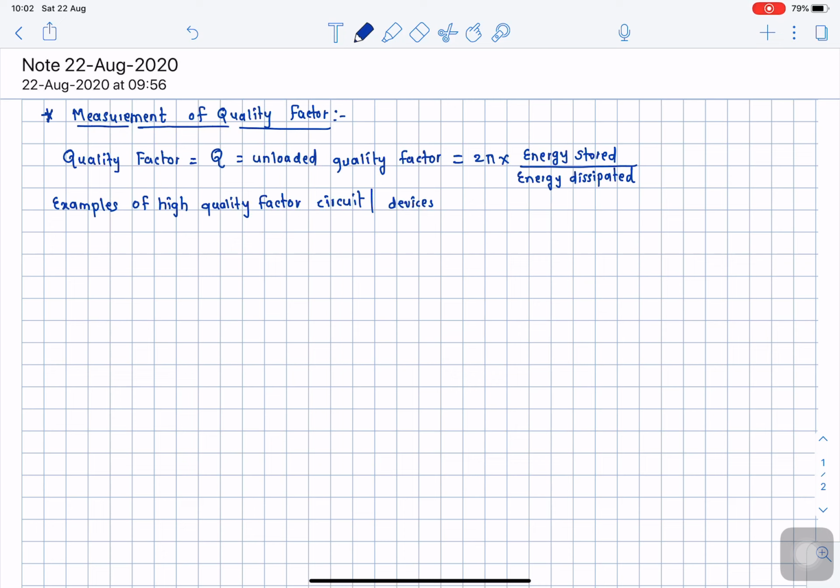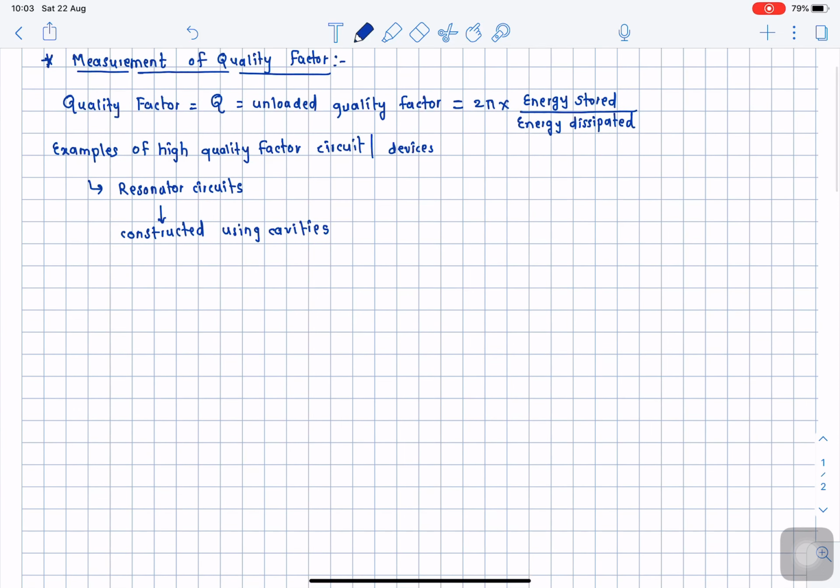The best example of high quality factor circuits are resonator circuits, and these resonator circuits are constructed using cavities. We already know what is meant by cavity, and we saw a special type of cavity, that is a re-entrant cavity. So special cavities are used.